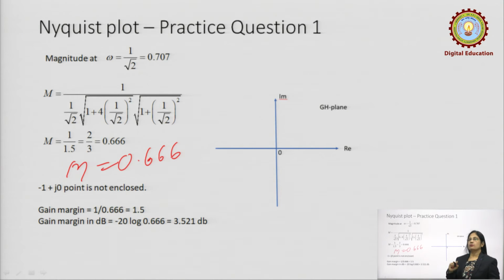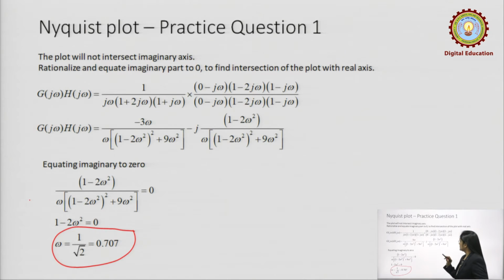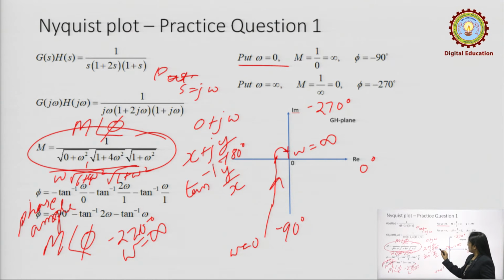That means the magnitude when the polar plot intersects the real axis is 0.66. And here we can see this is the polar plot, and this is 0, and this is minus 1, and this point is 0.66.